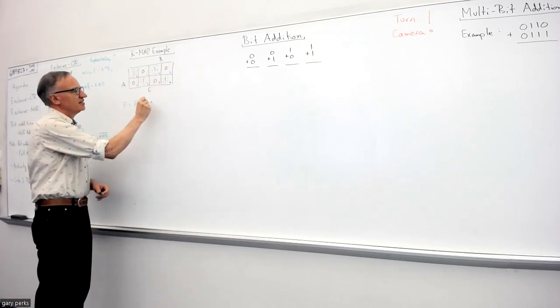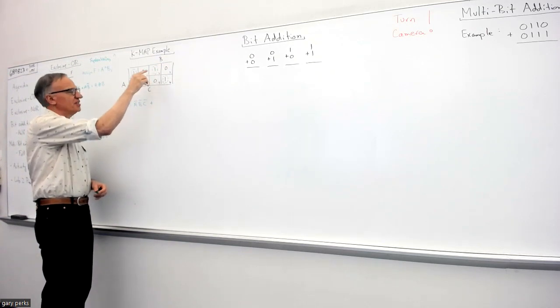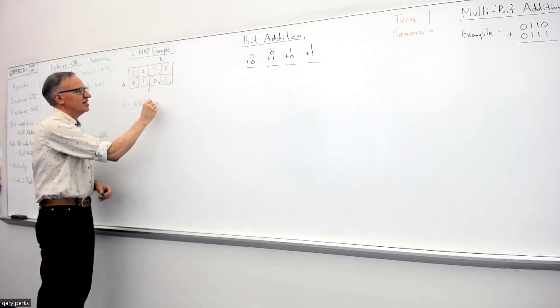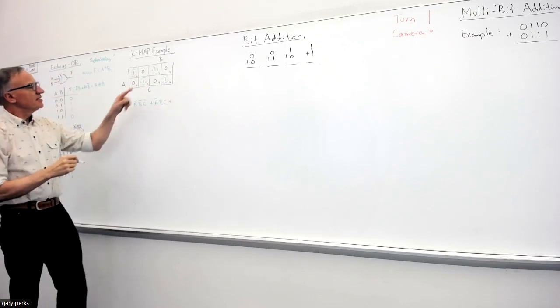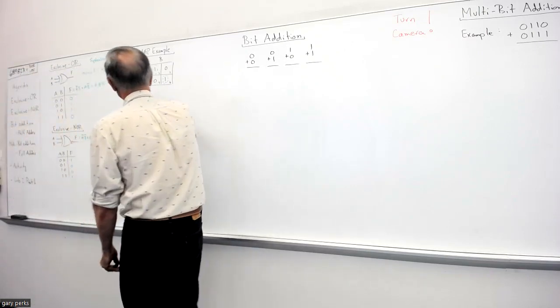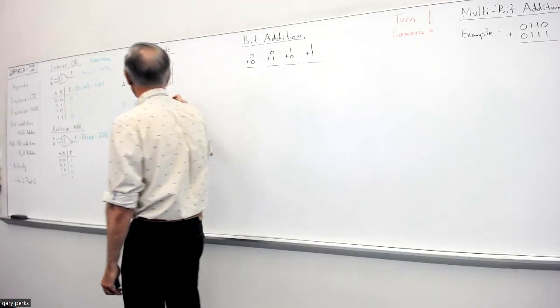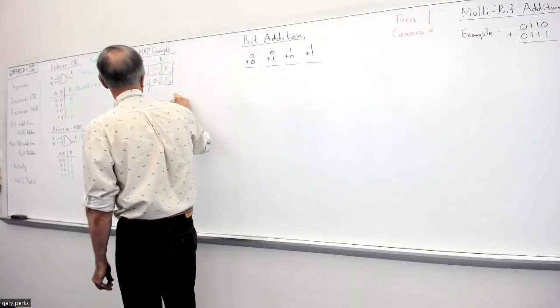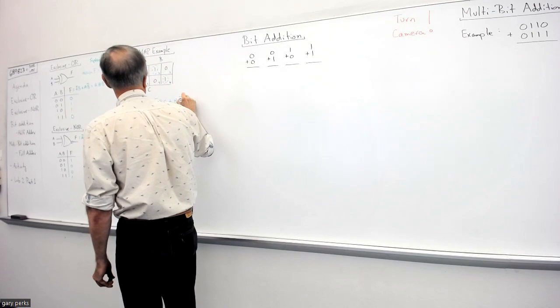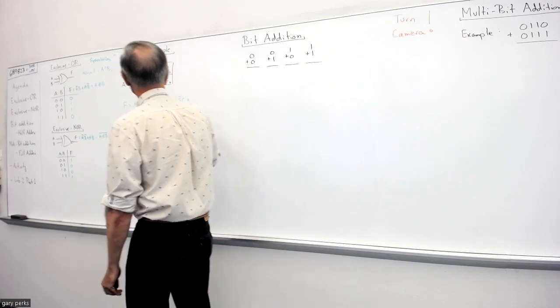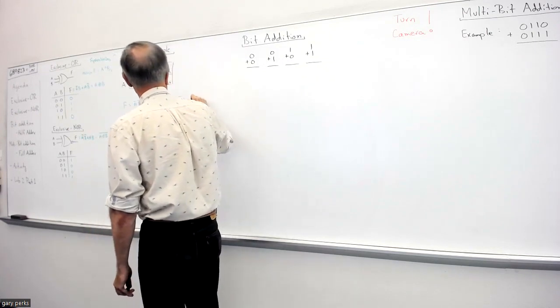I'll get the term to be a binary 3, right? So it's not A, B, C. The 5 cell gives me the binary of the 5, so it'll be what? A, not B, C. 6 is A, B.